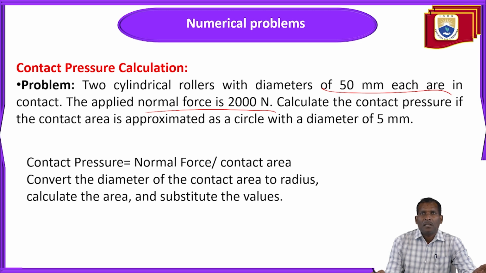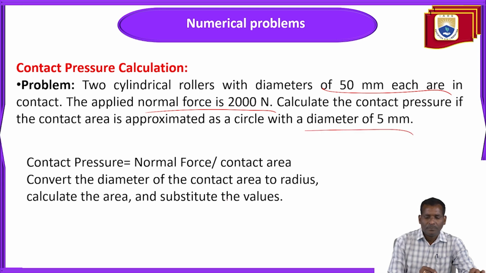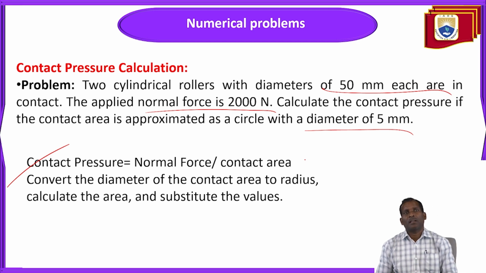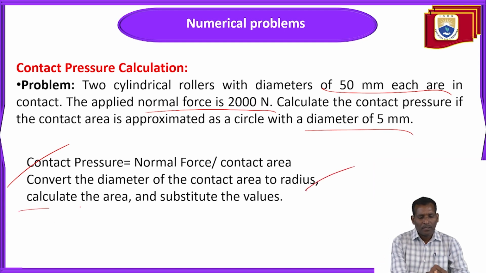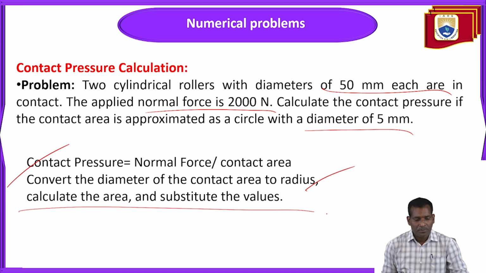Calculate the contact pressure if the contact area is approximated as a circle with a diameter of 5 mm. So contact pressure is equal to normal force upon contact area, and convert the diameter of the contact area to radius, and then calculate the area and substitute the values.